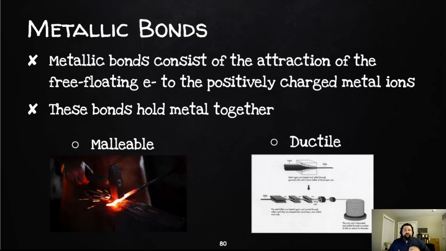Sheet metal is really, really thin, but really, really strong. And the reason that we can do this is that those electrons act as almost a lubricant, allowing the cations to shift over each other and move around, but stay strong, stay tied together with a series of bonds.